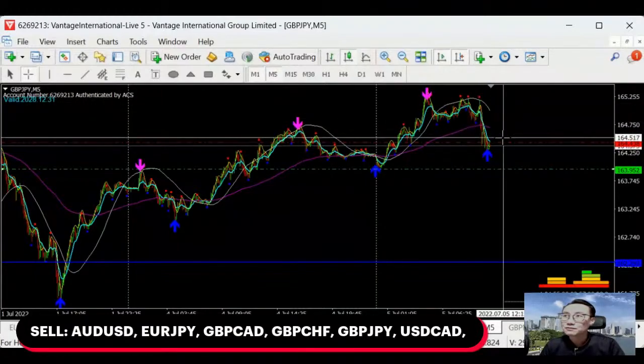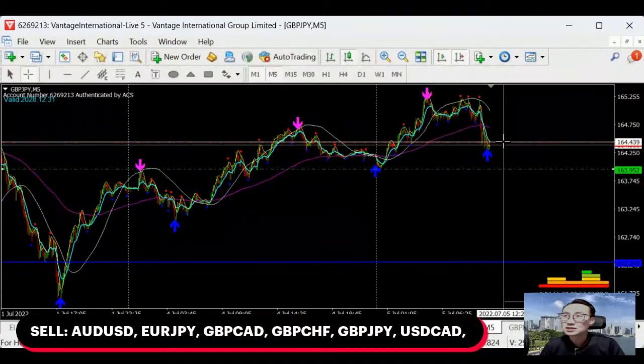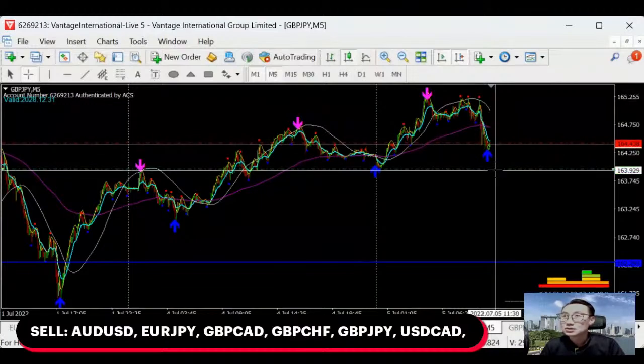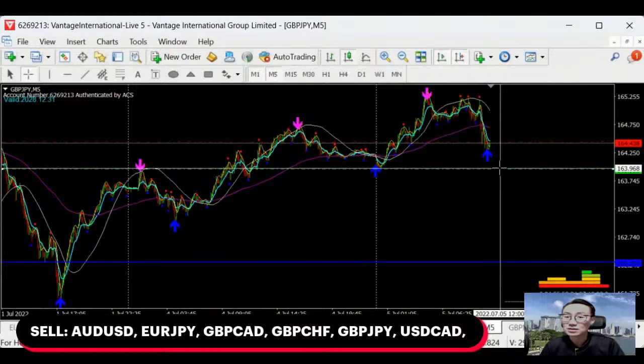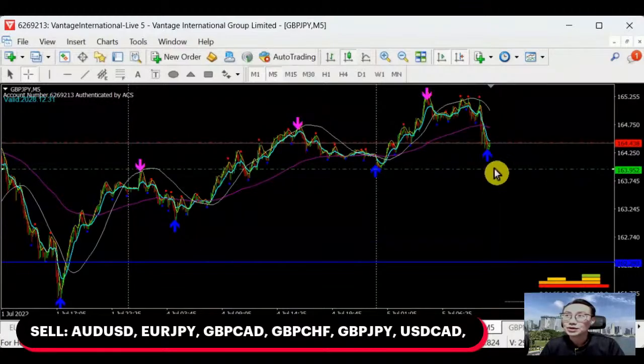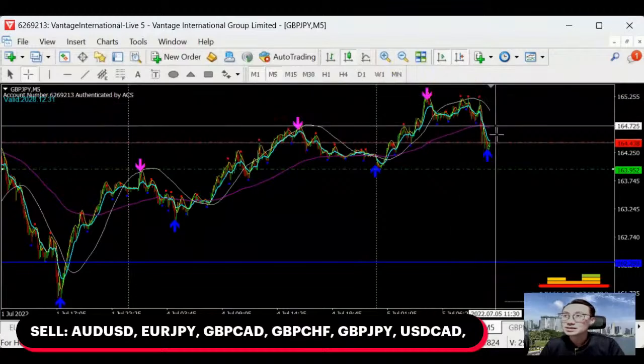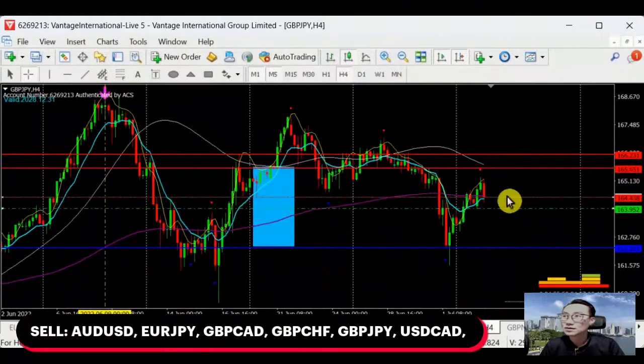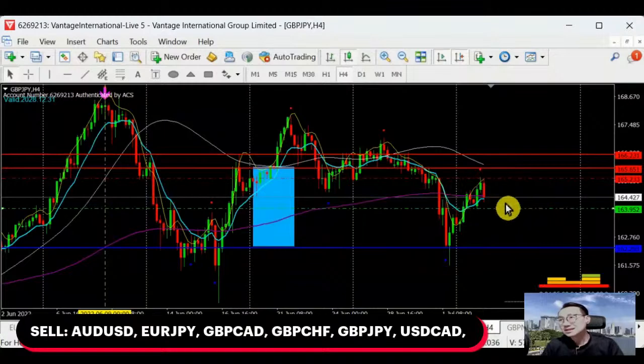From the resistance all the way down to the support is a journey, because this support is from the H1 support when we are looking at the overview. We are already in the selling since the resistance from H4 has been tested. The journey starts here, all the way down, and this is the destination.